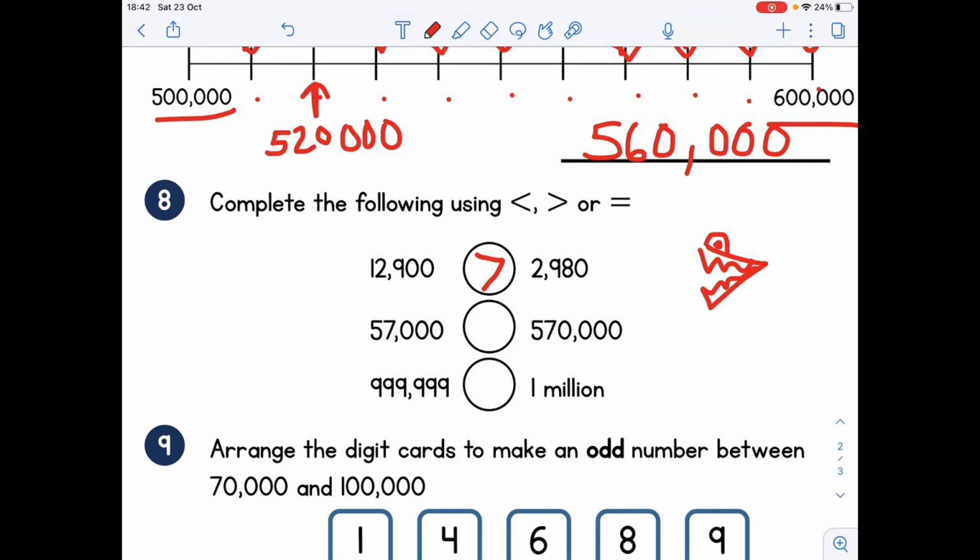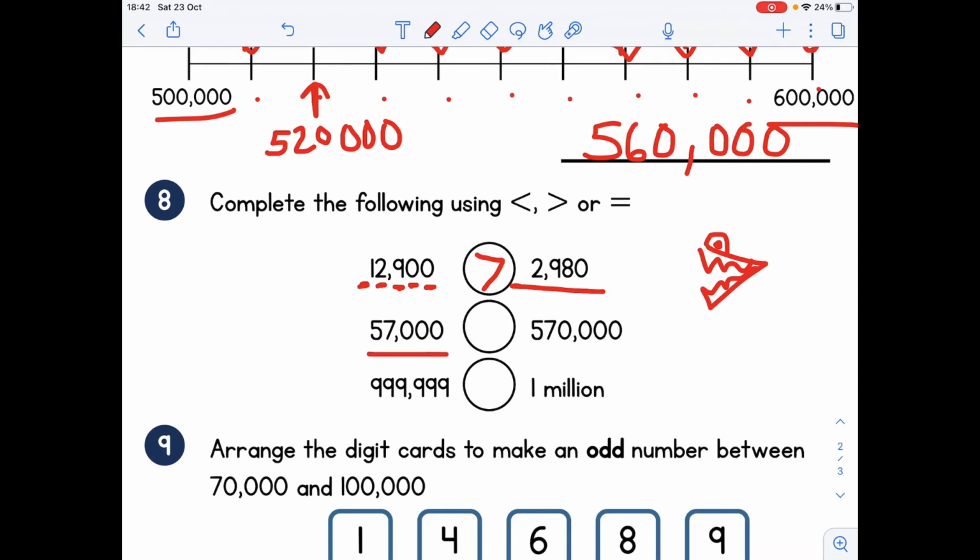2,980, because when you look at the place value, it's got 10,000, 10,000, 2,000s, 900s, no tens, no ones. This one, so when we look at this number, we can already see that it's smaller because it has no 10,000s.